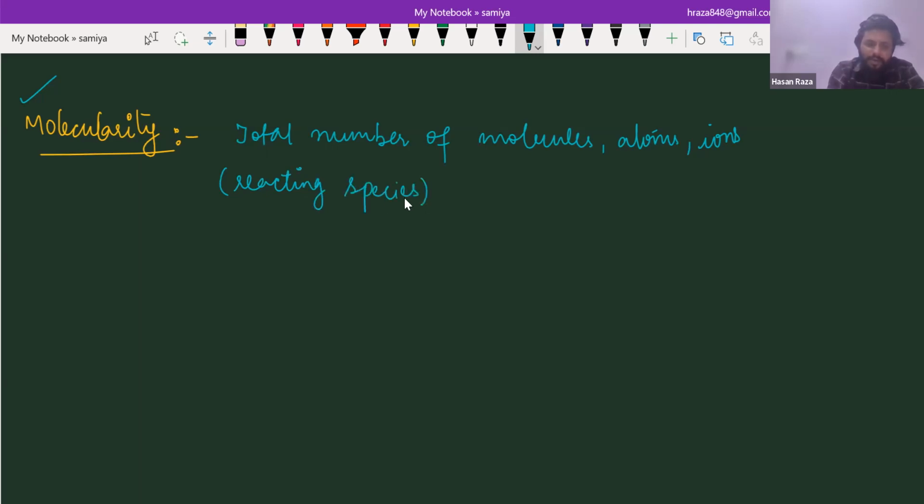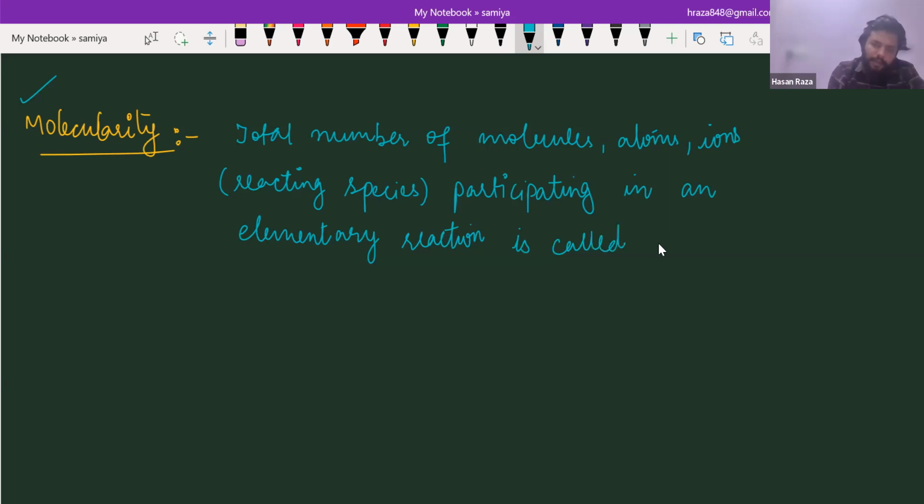Reacting species participating in an elementary reaction. Elementary reaction. I will explain what this elementary reaction means. Is called molecularity of reaction.